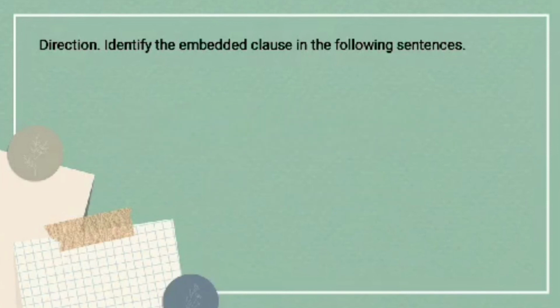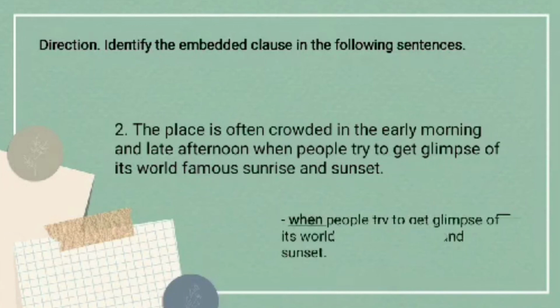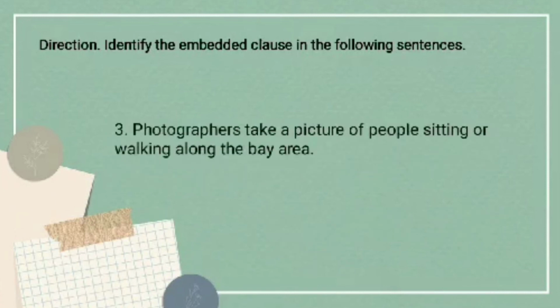Number 2. The place is often crowded in the early morning and late afternoon when people try to get a glimpse of its world-famous sunrise and sunset. The answer here is when people try to get a glimpse of its world-famous sunrise and sunset. Number 3. Photographers take a picture of people sitting or walking along the bay area.